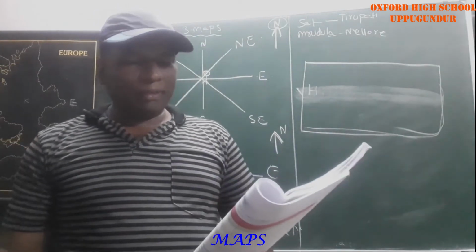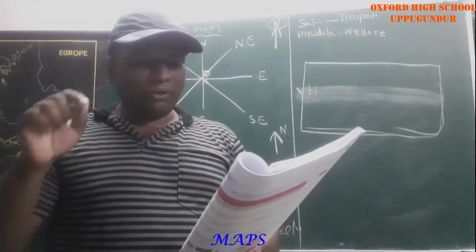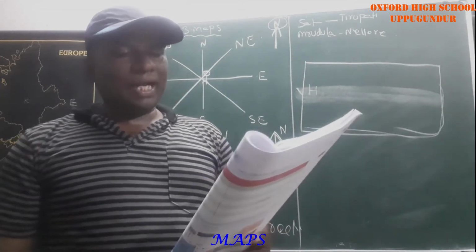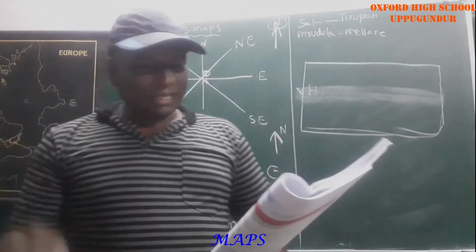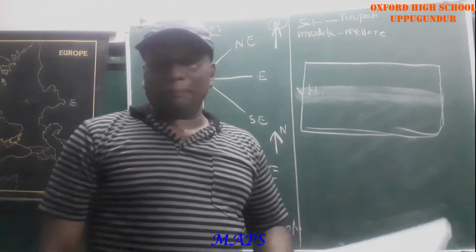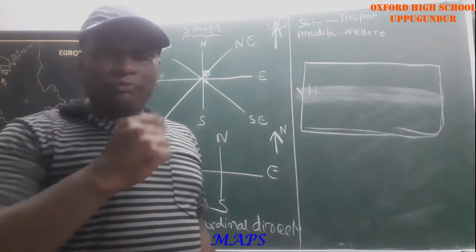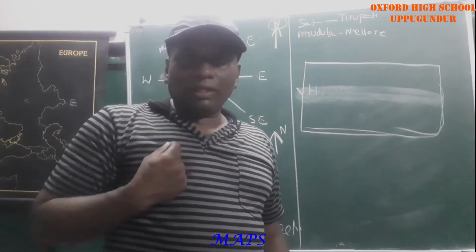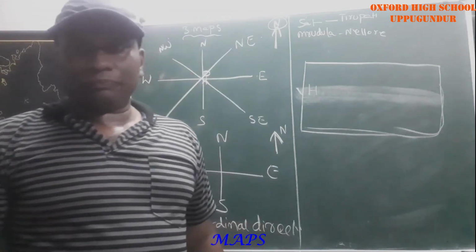The scale of a map is the ratio of the distance on a map to the corresponding distance on the actual ground. A scale can be used to figure out the distance between two locations on a map. Okay na? When you find out the distance, scale is very helpful.